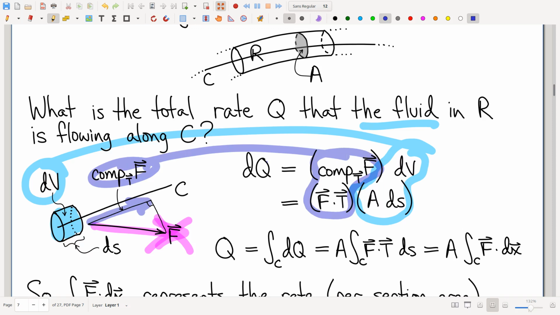Components are computed with dot products with unit vectors. So for each little piece of curve here, there's a certain amount of volume that's flowing along the curve, a certain amount of a component, and so we'll just then add that up over the entire curve.